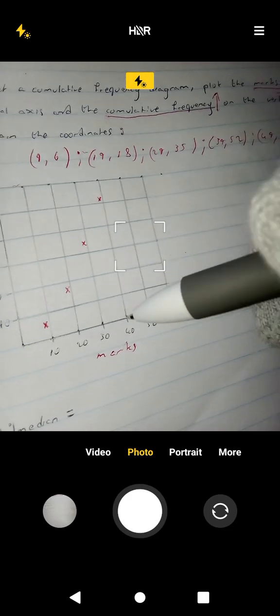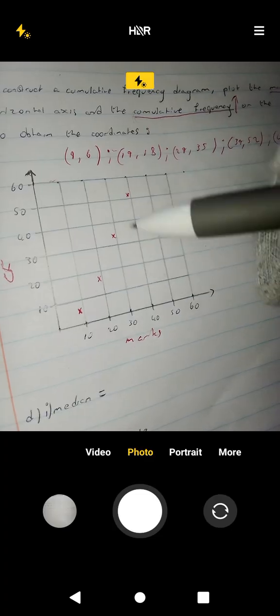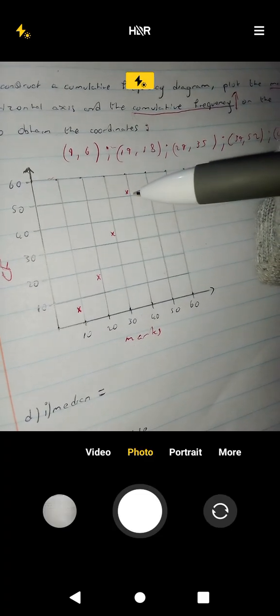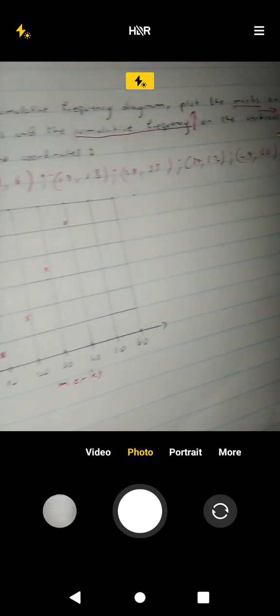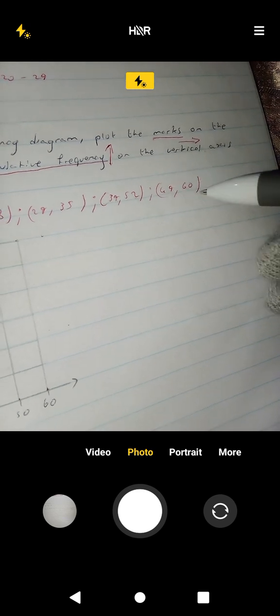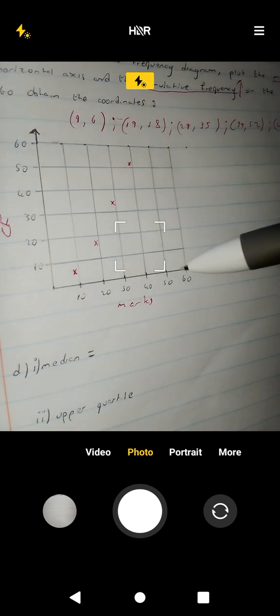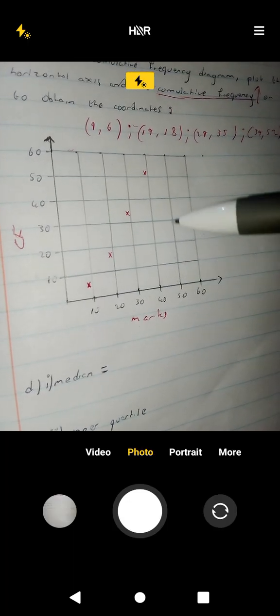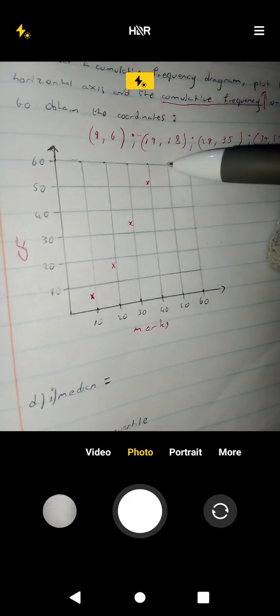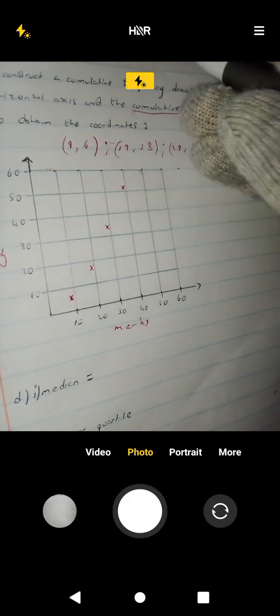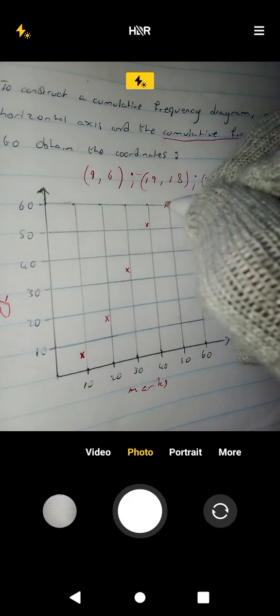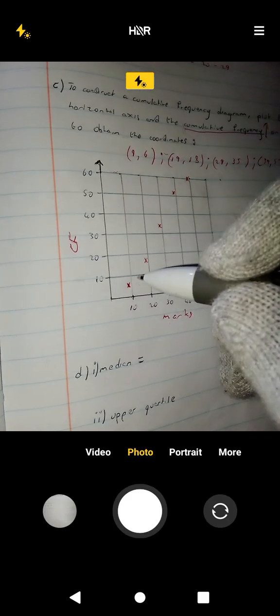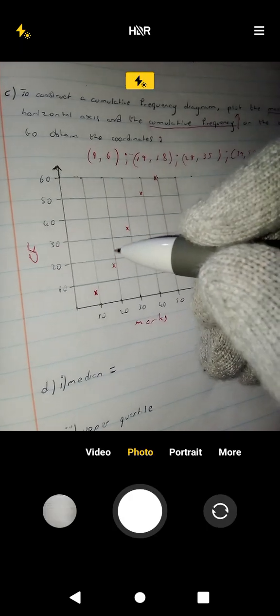So let's continue. We ended on 39,52. So the last one is 49,60. So it's about here. So this is 49,60. And then you draw what we call a cumulative frequency curve.